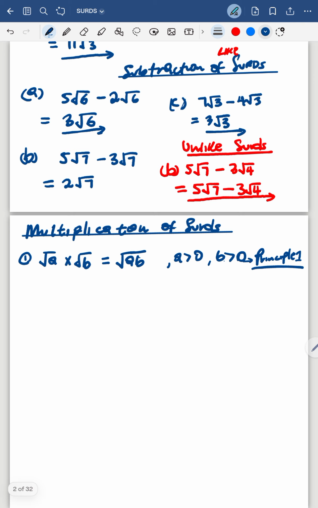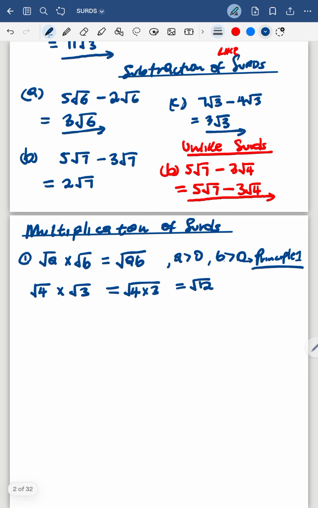If here I have root 4 multiplied by root 3, it means I'm going to have 4 multiplied by 3, then that's going to be root 12.